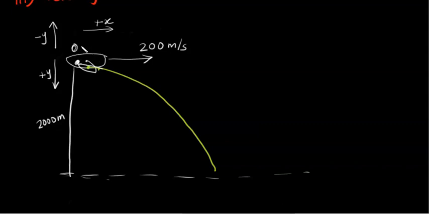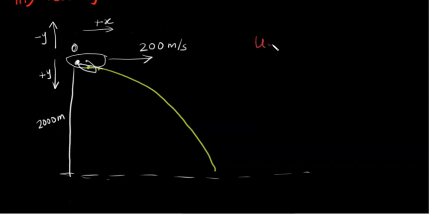Now the first thing that we have to do is to find out the time it takes to reach the ground. You can see that in this case the bomb has initial velocity only in x direction, not in y direction.